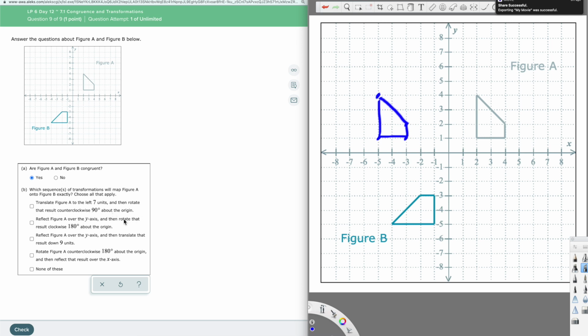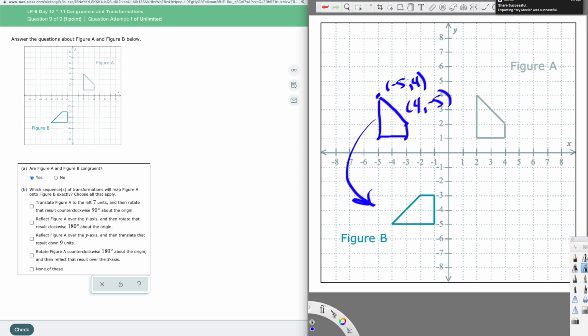So remember with this one, if I'm going 90 degrees counterclockwise, that's important. I'm going to go backwards about the origin. I'm going to take my coordinates, and this one, I'll just take this one. This is -5, 4. And because it's counterclockwise, pay attention to counterclockwise or clockwise when you're looking at your notes, I'm going to flip X and Y. So it's going to become 4 and -5.